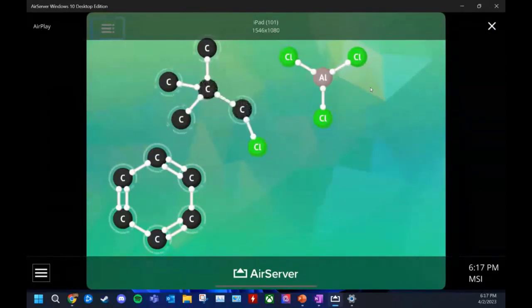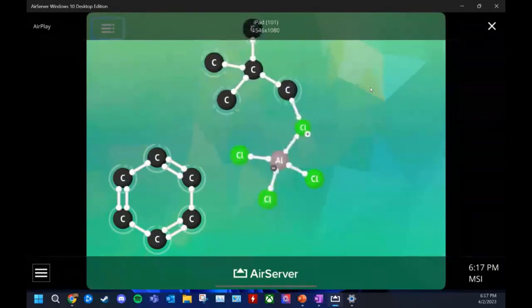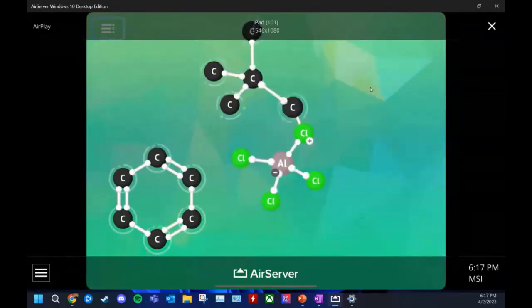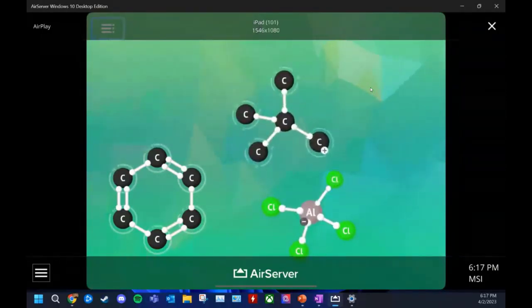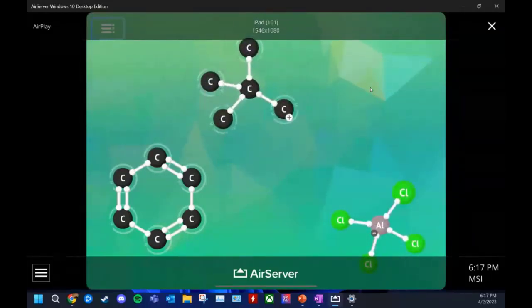So the AlCl3 is going to help it become that. Now we have that electrophile.